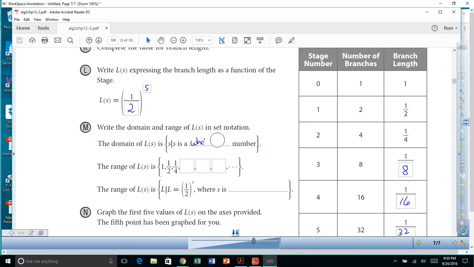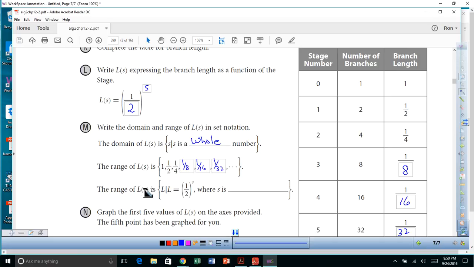Whole number, that's already written. The range of L of s is 1, 1/2, 1/4, 1/8, 1/16, 1/32, and so on.